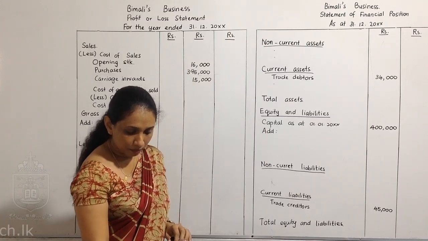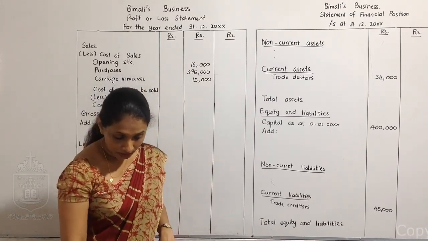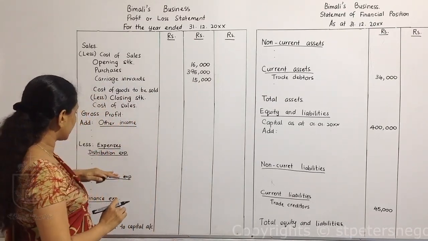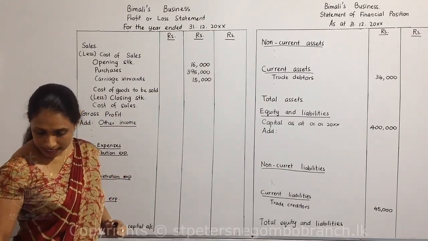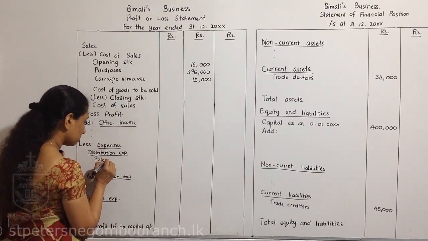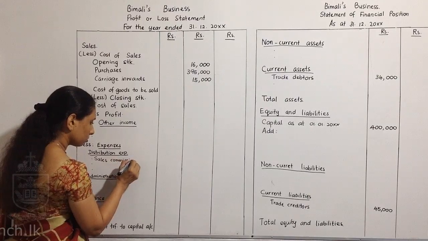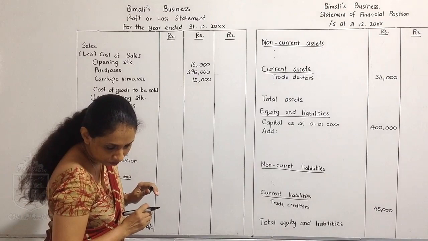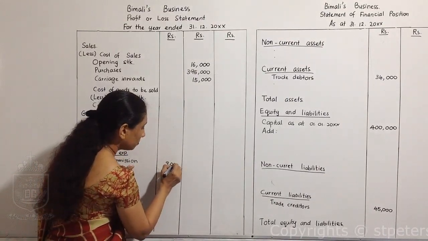And the next line item is sales commission, which is a distribution expense. So let's go to the profit or loss statement. Under expenses, we have a space to put distribution expenses, and under that we'll mention sales commission. It's 9,000. We'll put it in the first column.